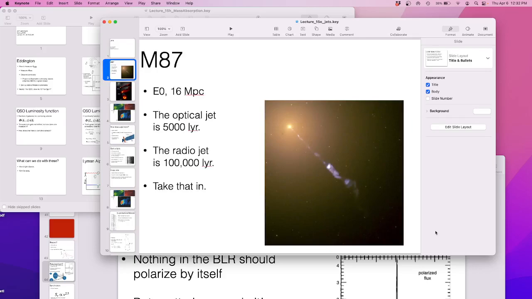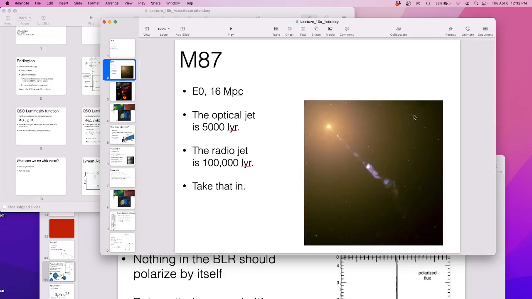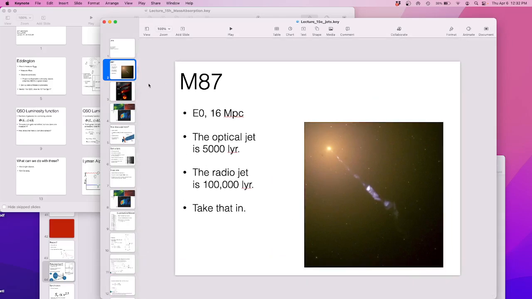Okay. So this is kind of an unsatisfying discussion of jets because they're much cooler than all of that I'm going to say. So this is M87. It's one of our favorite galaxies. This is the one where we measured the black hole for the first time. So the Event Horizon camera took a picture of the black hole around here for the first time. We like M87. It's pretty close. The optical jet is 5,000 light years long.